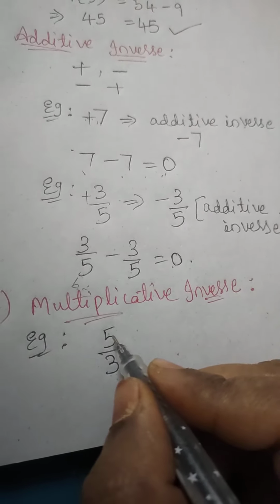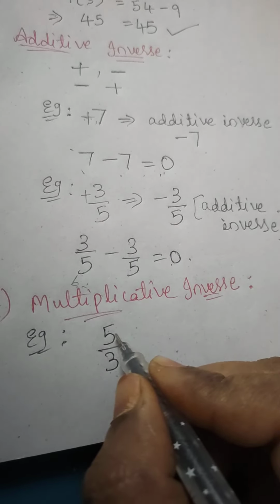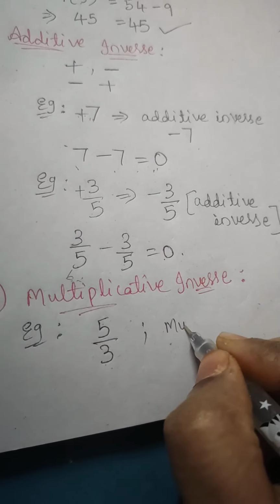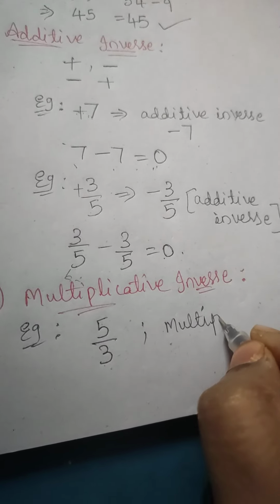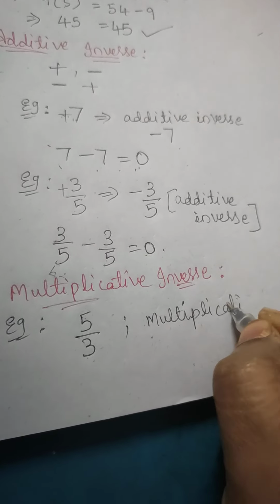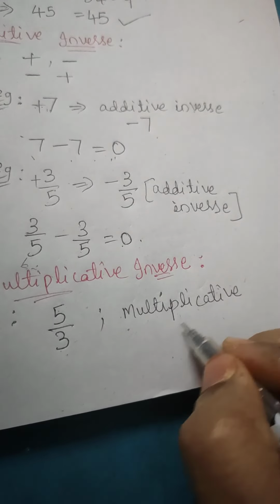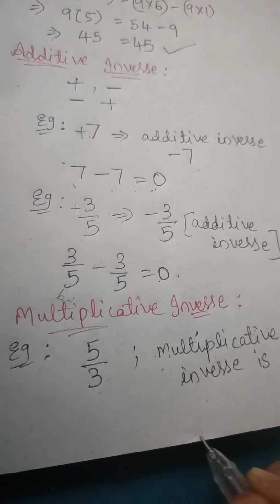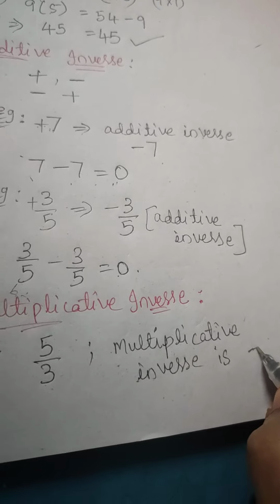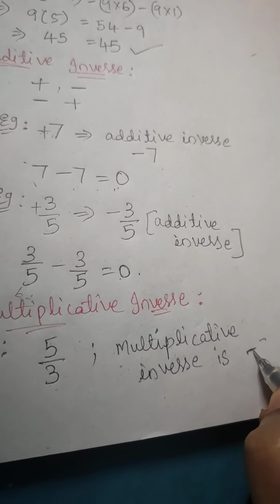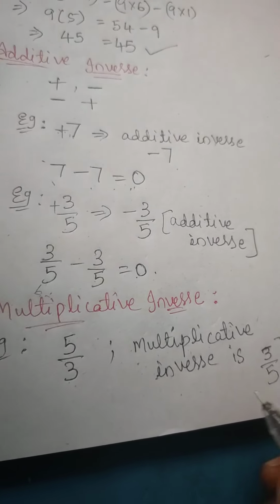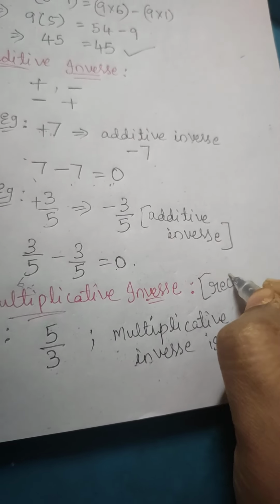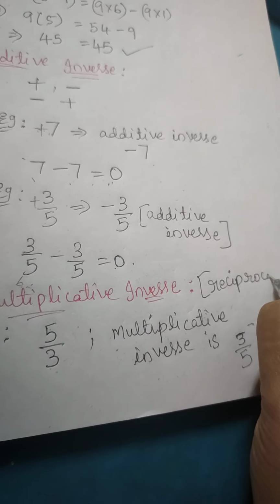Reciprocal means the numerator becomes the denominator and the denominator becomes the numerator. Its multiplicative inverse is 3 by 5. That is, we take the reciprocal of the value.